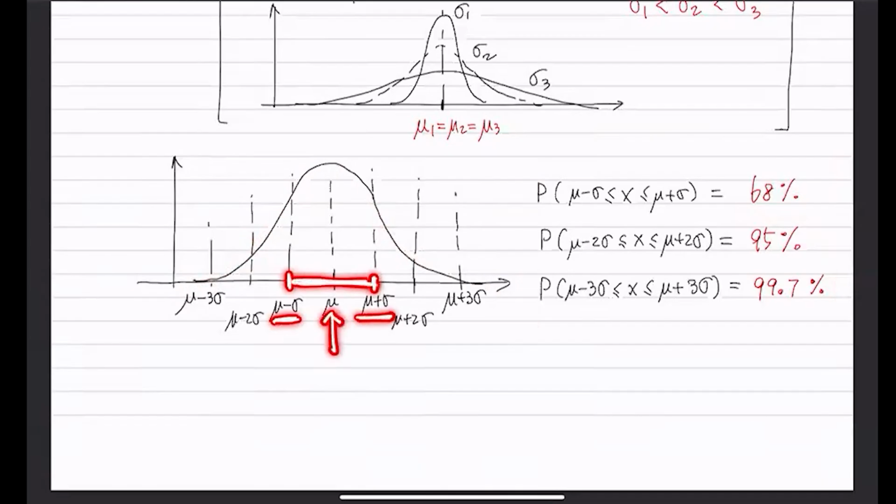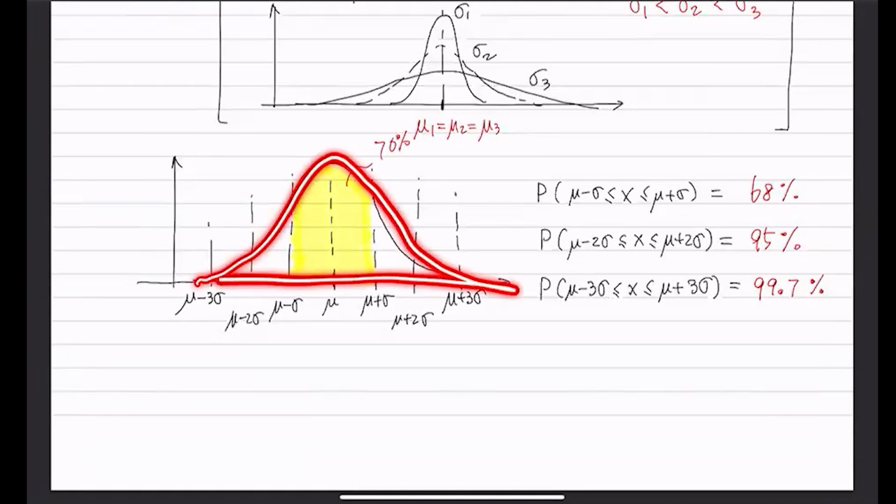So 68% of your measurements are going to be in this interval if your property is following a normal distribution, okay? In other words, this area is going to be about 70% of this whole area.